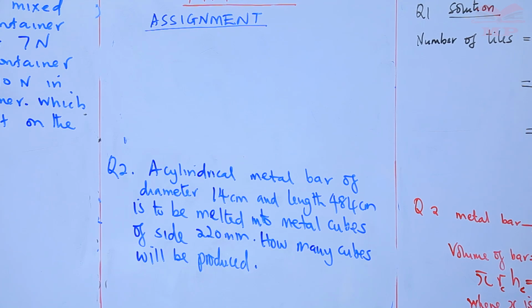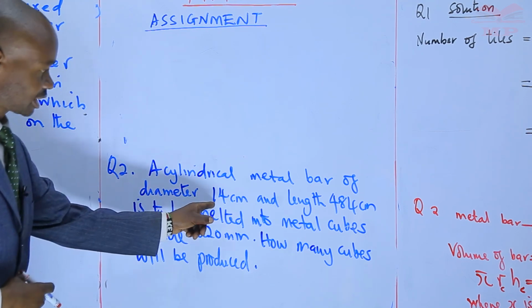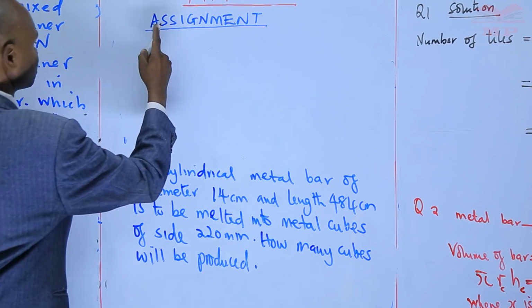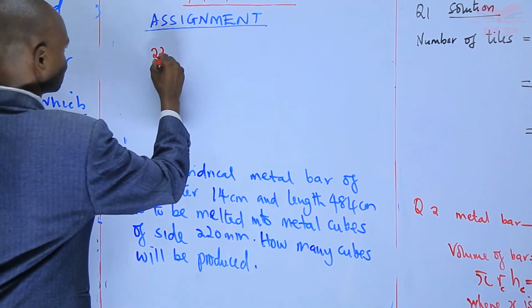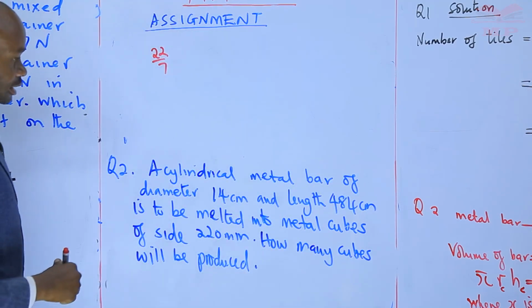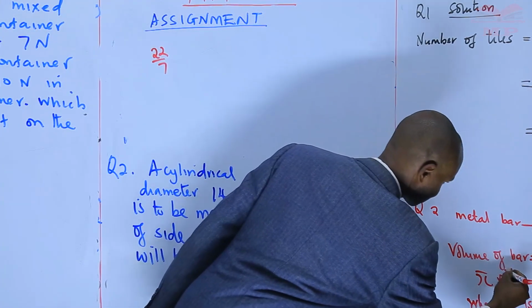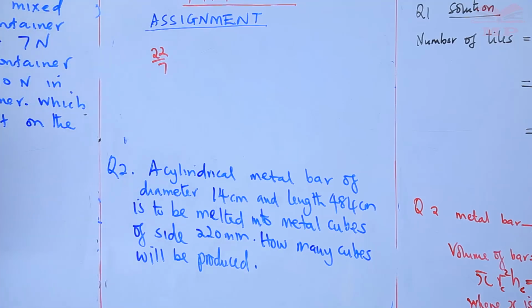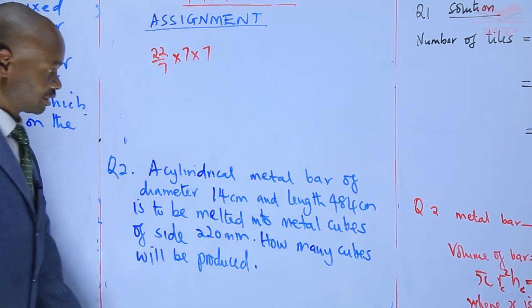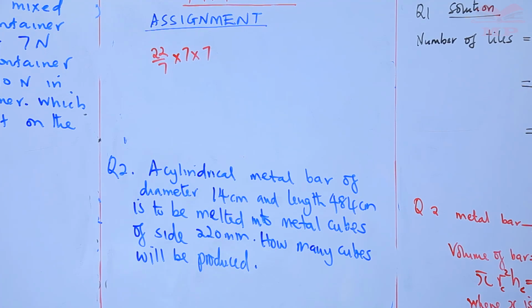In number 2, the diameter was 14, so the radius would be 7. So we'll say 22 over 7 times r squared. This was supposed to be the base area, r squared. So it has 22 over 7 times 7 times 7 centimeters.